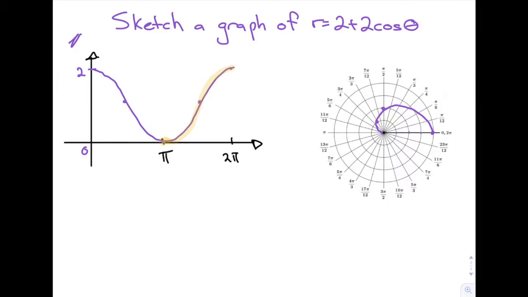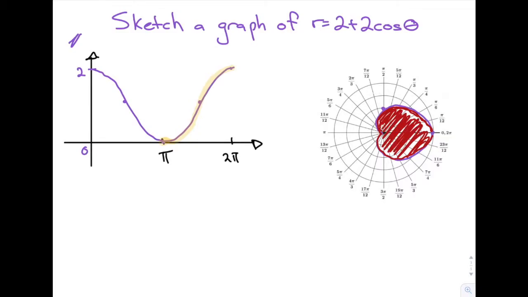So it's going to take on the same shape in the second half as we trace around. It'll look something like this. And this graph has a special name. This is called a cardioid because it looks like a heart. If we were to color this in, it looks like a heart if you trace around both sides.